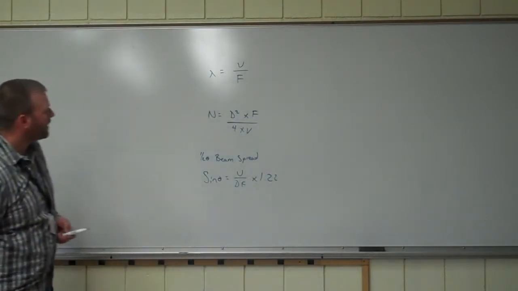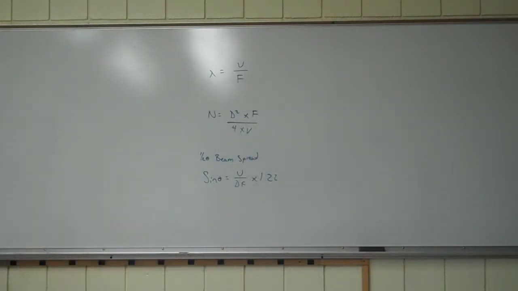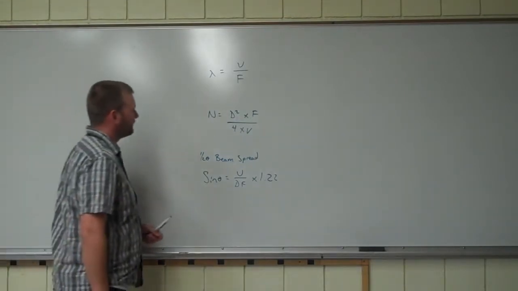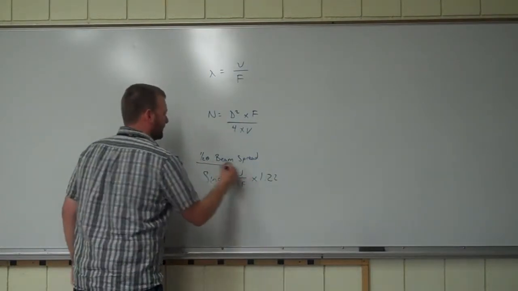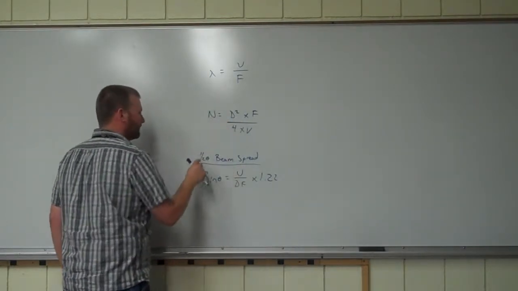The stuff that you might have gotten already might be a little bit different than that, but that's okay. You might have seen a slightly different form of this equation, but that's no problem. Anyway, wavelength, near field, beam spread.